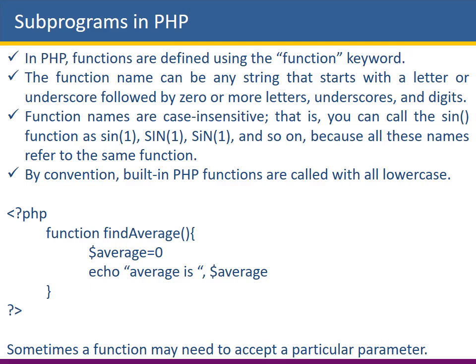When we say function names are case insensitive, the function name can be lowercase, it can be uppercase, it can be lowercase in between and uppercase in between a word.